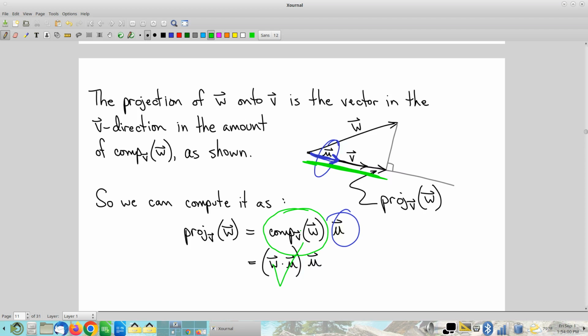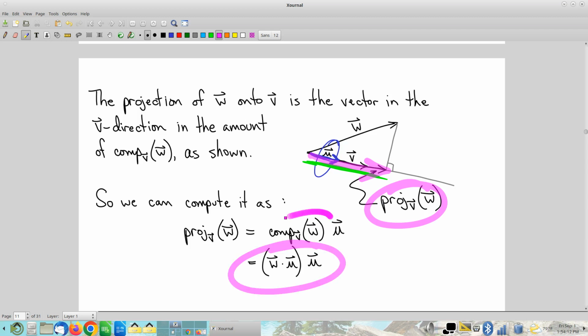Anyway, nice little convenient punchline. The projection is, let's see here, the projection is this product of those two things. Everybody on board?